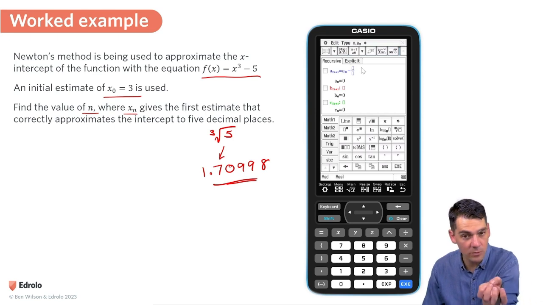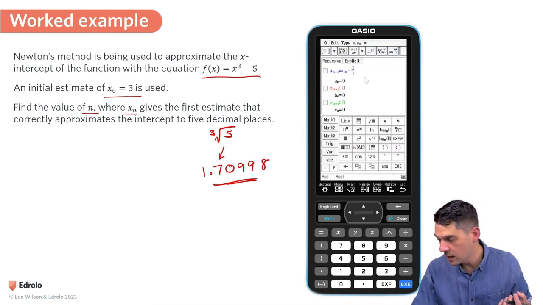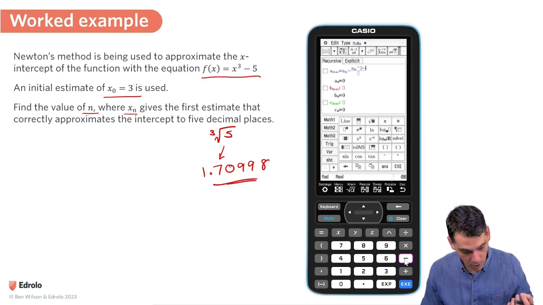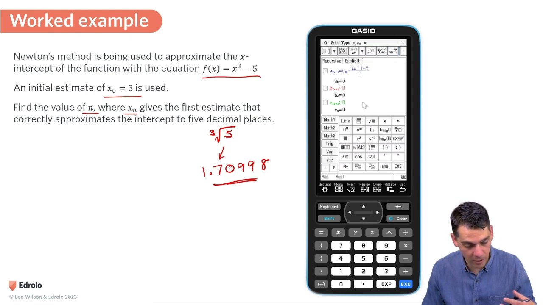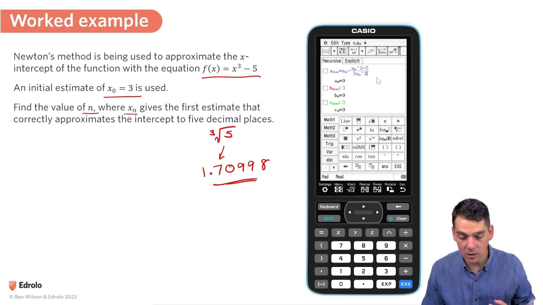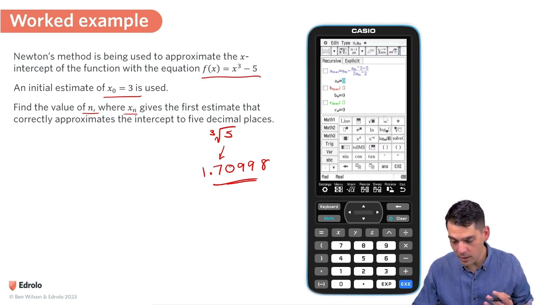So I'm just going to plug it in terms of an, which is our x, if you like. So I've got an cubed minus 5, and that's going to be divided by the derivative, which would be 3 an squared minus nothing. So there we go. Now our initial guess is what we put in here, which will be 3.